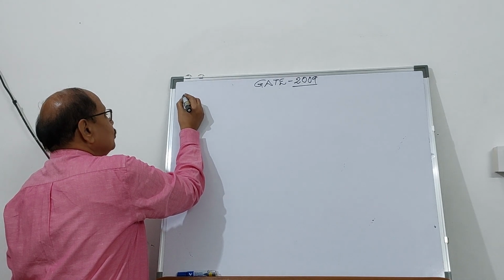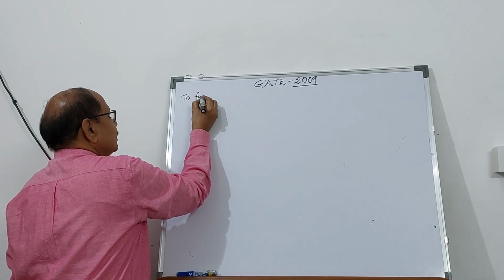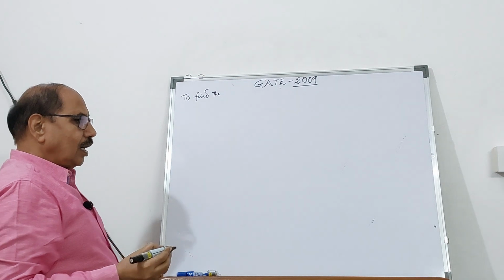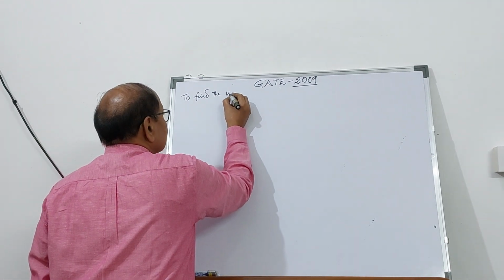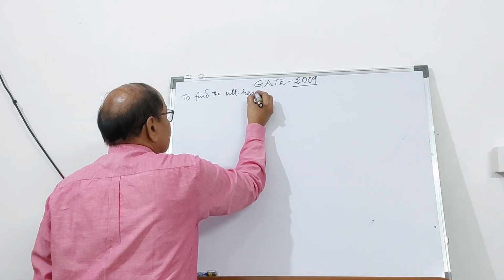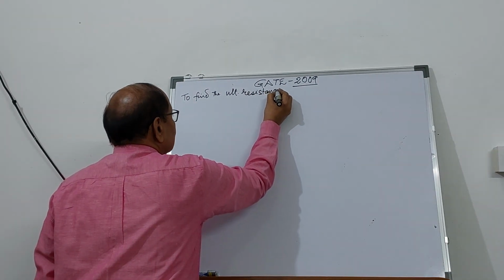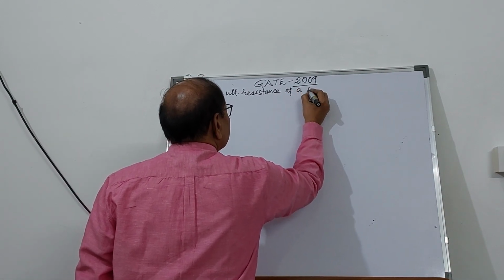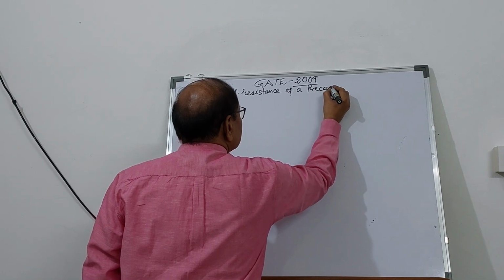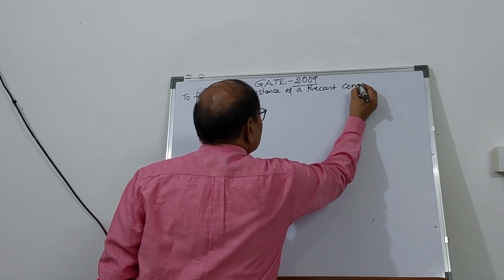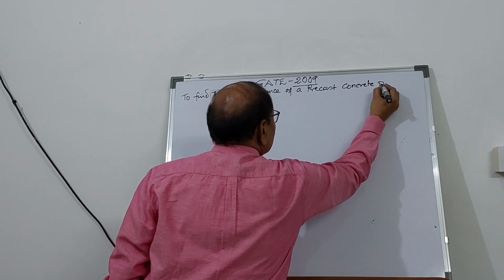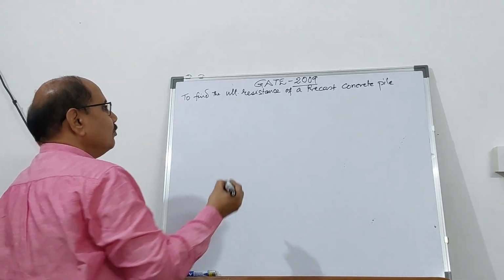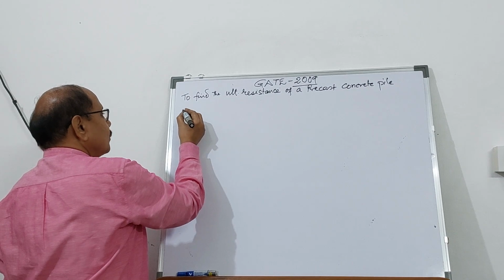So we have to find the ultimate resistance of a precast concrete pile which is driven with a hammer.